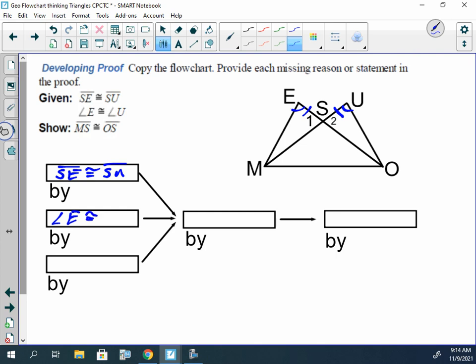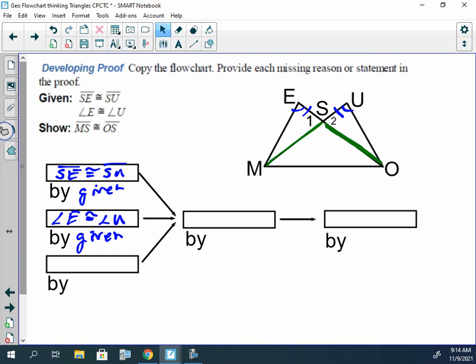Angle E is congruent to angle Q. This was given, and this is given. Now, what are we wanting to prove? MS and OS are congruent.